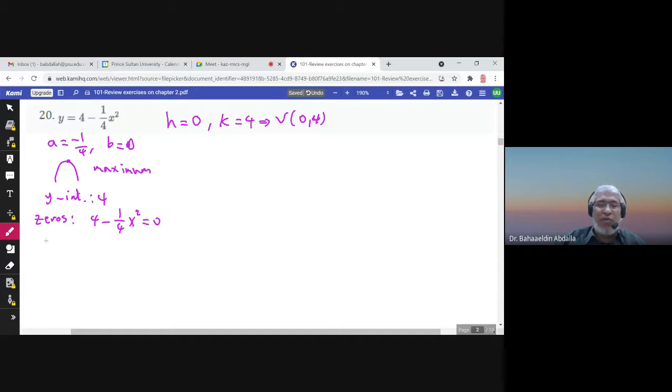So I take 4 to the other side, and then I multiply by negative 4. So if you multiply by negative 4 here, you get x squared equals 16. So x would be plus or minus the square root of 16, which is 4. So these are the zeros or the x-intercepts.